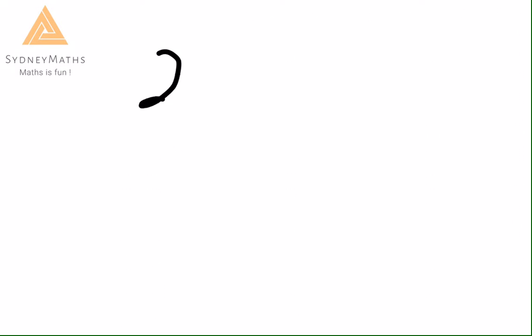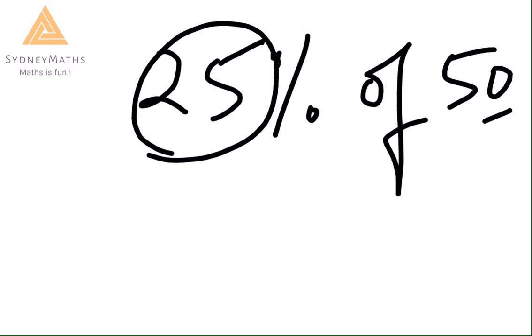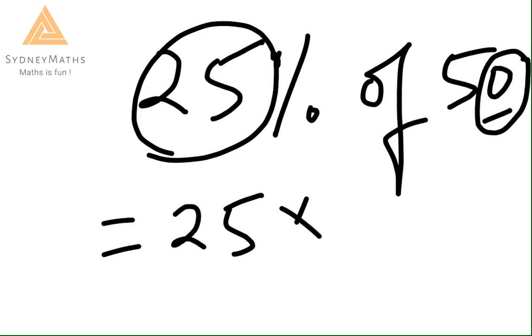But what if you had a question? Find out what is 25% of 50. Now you do have a 0 there, but you don't have a 0 here. But let's apply the rules. So you ignore the 0, you ignore the 0, and you multiply the numbers. The numbers are 25 and 5, gives us 125.